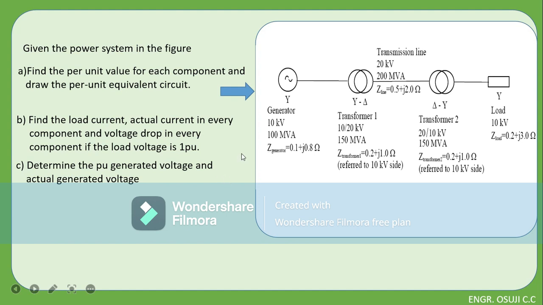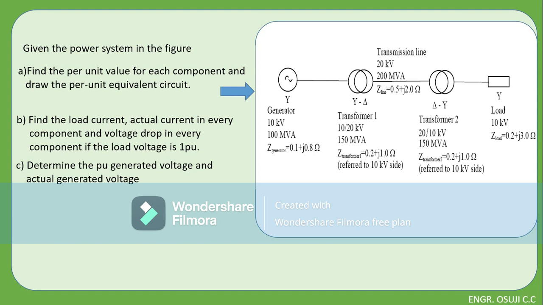Before we get into solving this problem, it is very important to remember the procedures involved in solving a power system problem using the per unit representation. First, you need to get your base power.